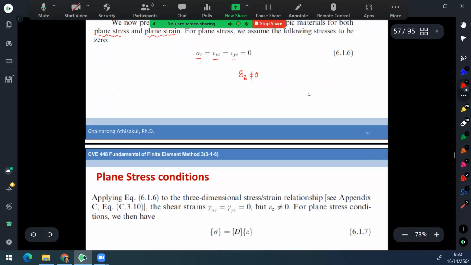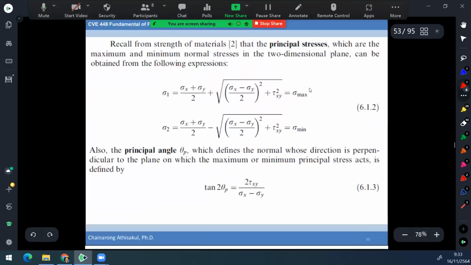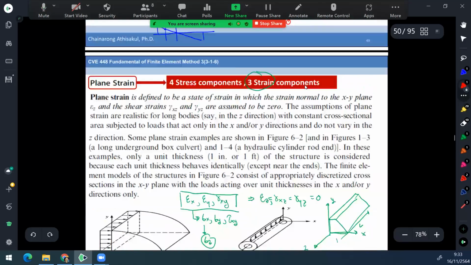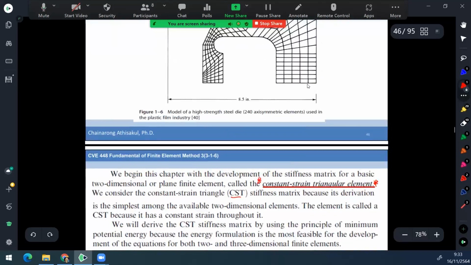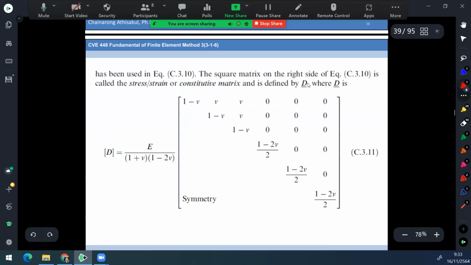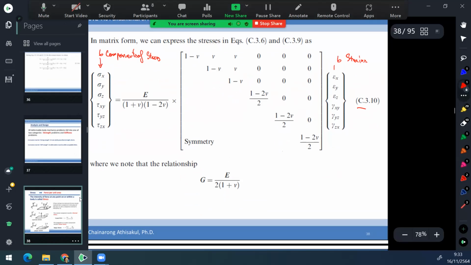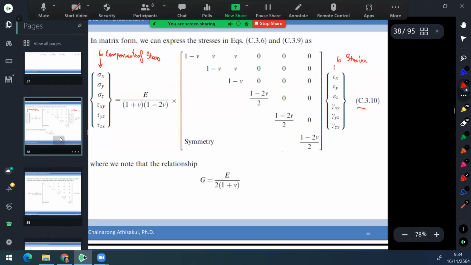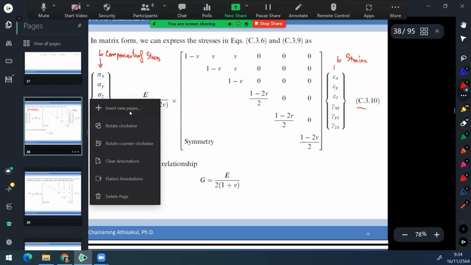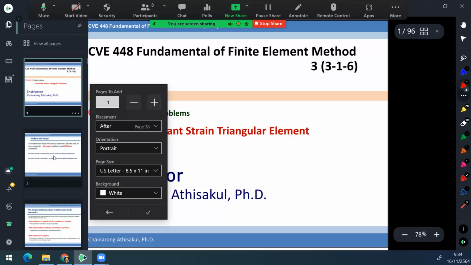From this condition, we come back to the equation of the three-dimensional case in the theory of elasticity, this equation, which is the general one for the three-dimensional case.